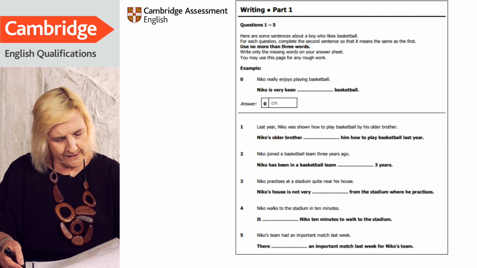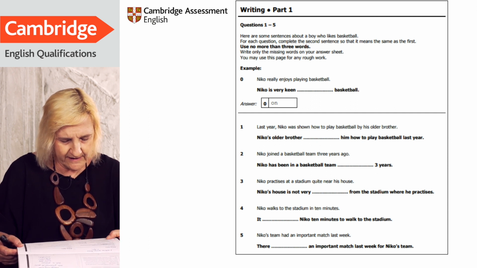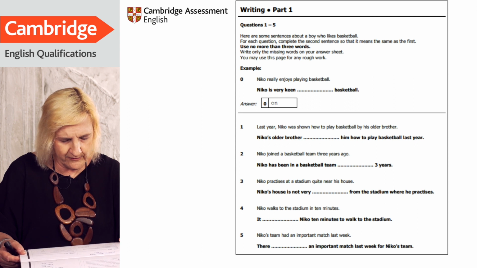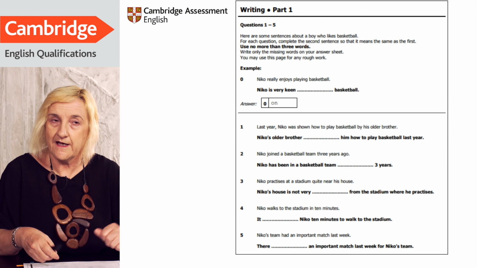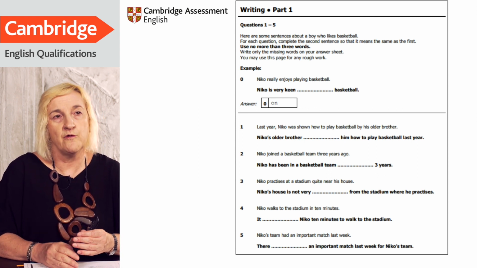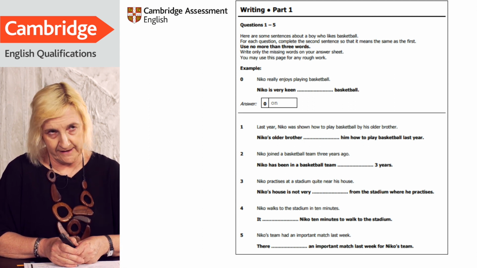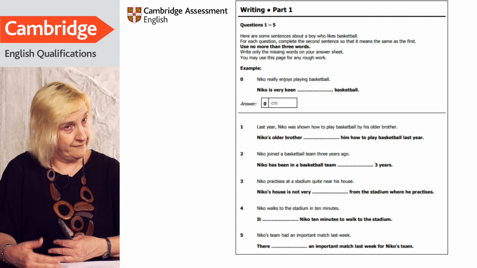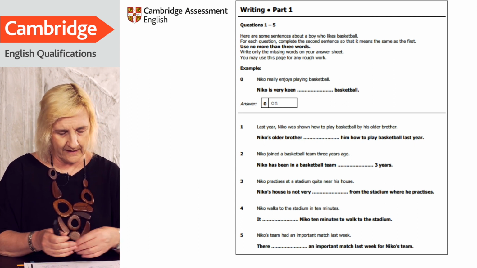If we look at the first example, number 1, let's think about what we can put in the gap. Nico's older brother showed or taught him how to play basketball. It's interesting that there may be more than one answer. This is very carefully researched, and if you look in the answer key, which you'll find in the handbook, you'll see if there's more than one possible answer.